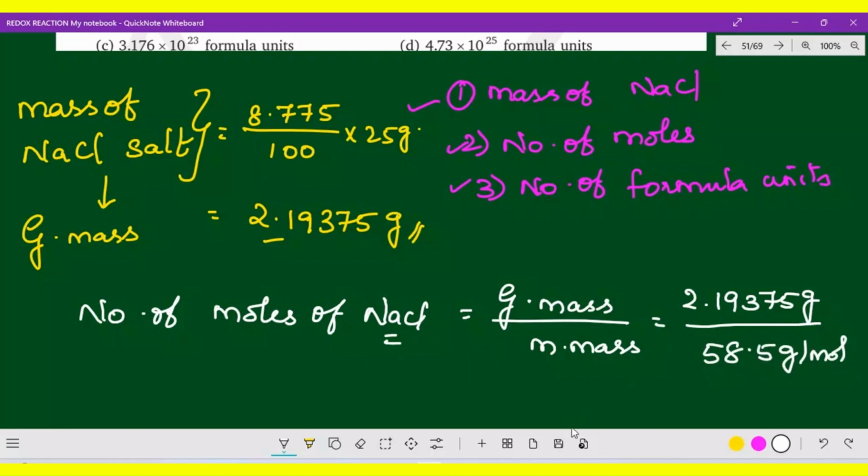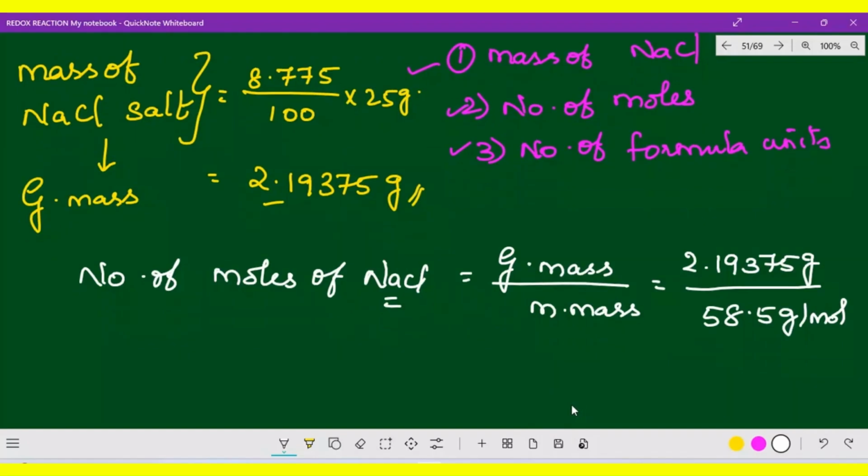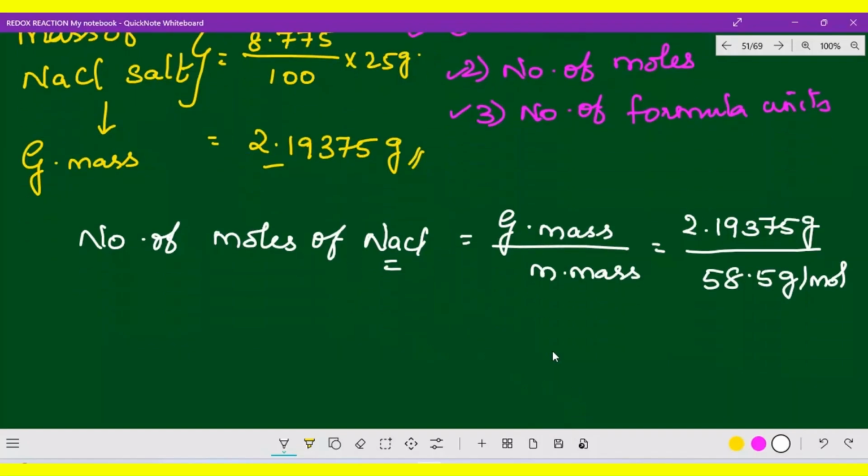I hope you got that. When you calculate it, you get 0.0375 mole only, because gram and gram cancel, right?